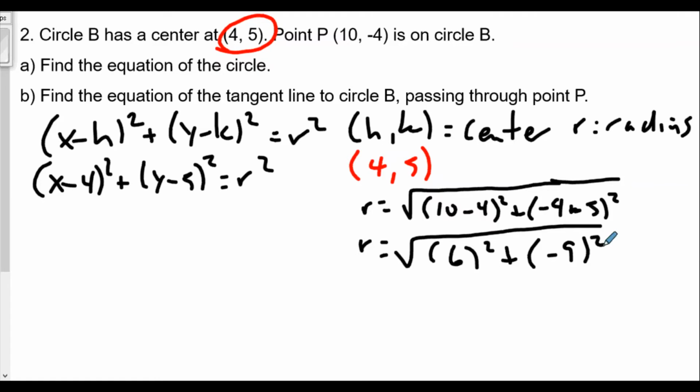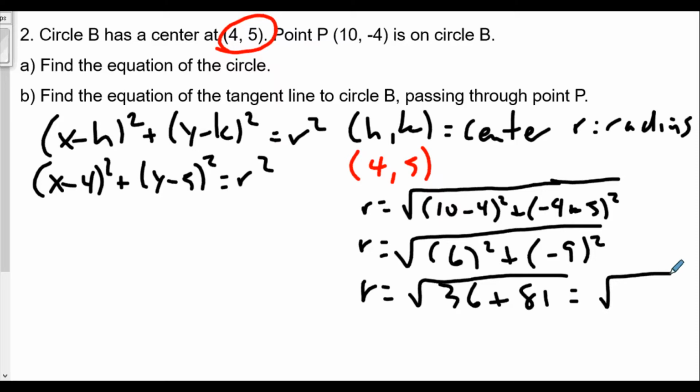Make sure when you square this, you put parentheses around it, because 6² is 36 and (-9)² is 81, giving us a radius of the square root of 117. But in our formula, r² is equal to 117, and that's what we're looking for.